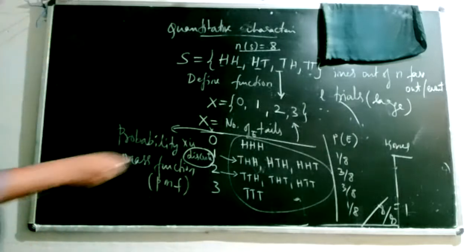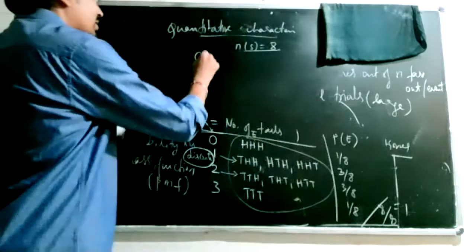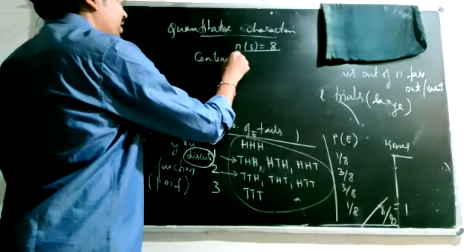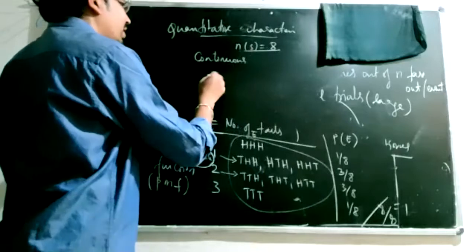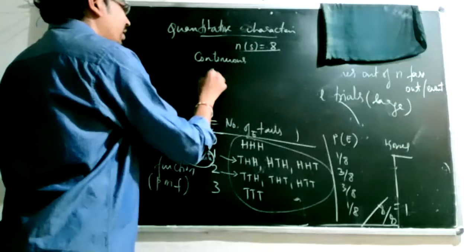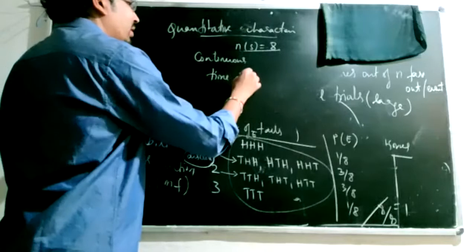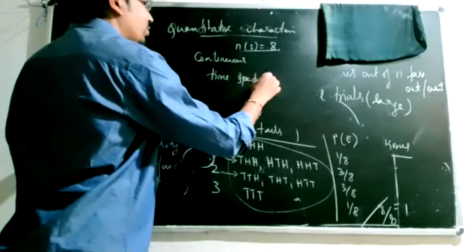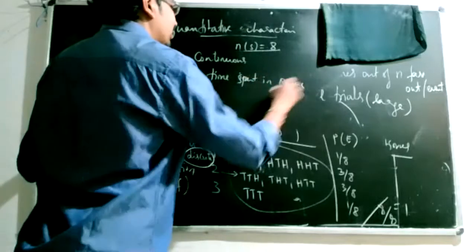Now, as said, your sample space could be continuous. Whenever you talk about a continuous sample space, you could talk about a continuous random variable. Say you are counting the time spent in a queue at a bank.